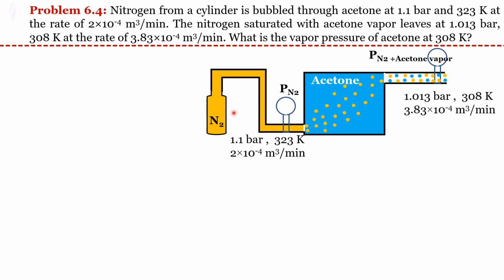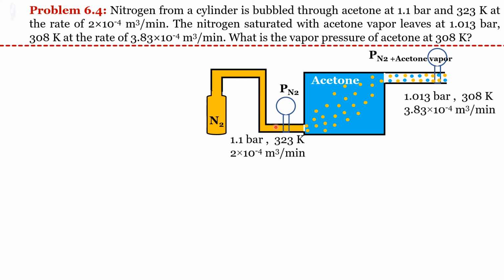First, we are starting with nitrogen at particular conditions, so first we have to find the total number of moles of N2 which are entering into the acetone.